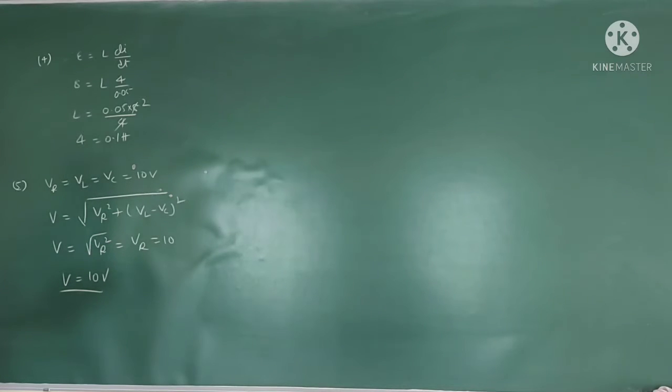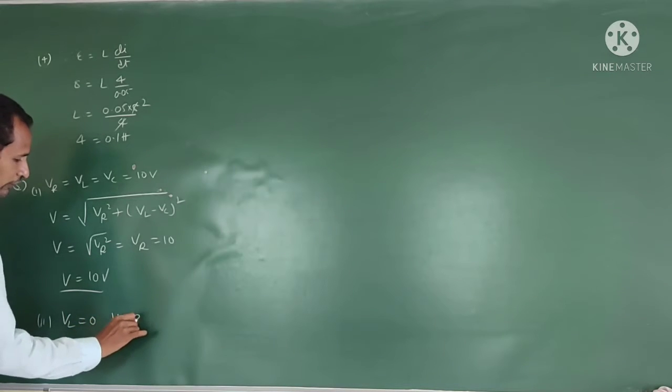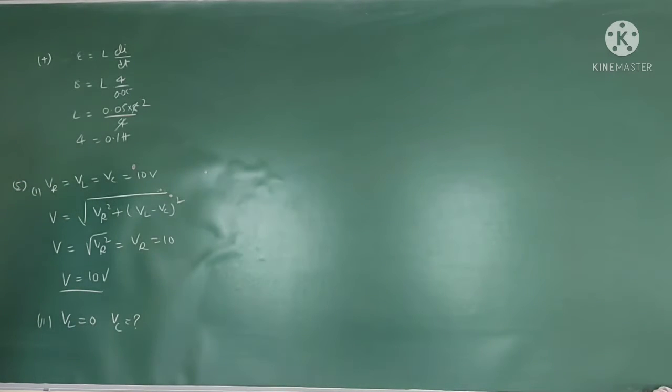Now the applied voltage. What did they do? Inductor is short circuited. This is the first case. The second case, VL is equal to 0. Then they are asking what is VC, the voltage across the capacitor.